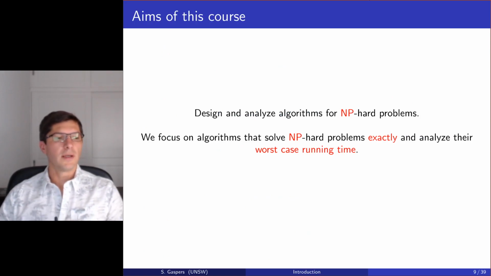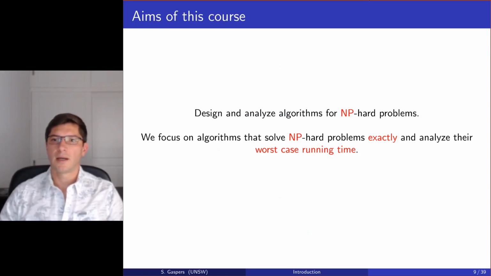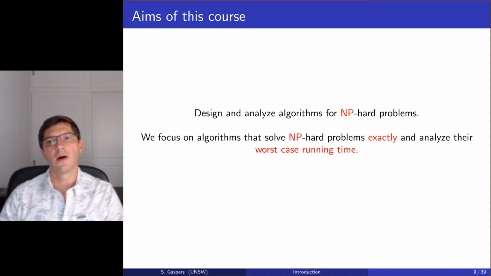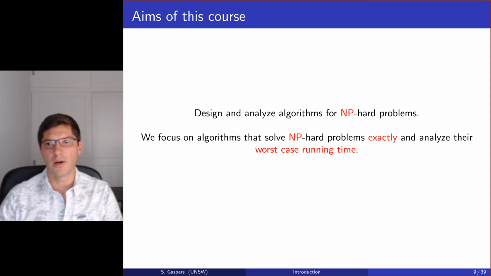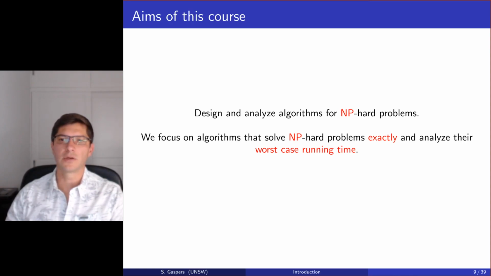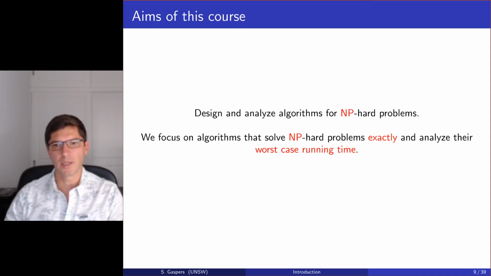Okay, so in this course, we are discussing the design and analysis of algorithms for NP-hard problems. Our main focus is algorithms that solve these NP-hard problems exactly, and then we analyze their worst case running time.